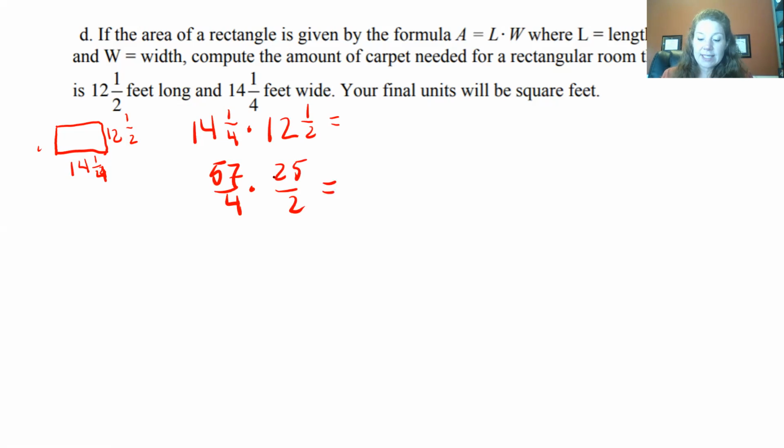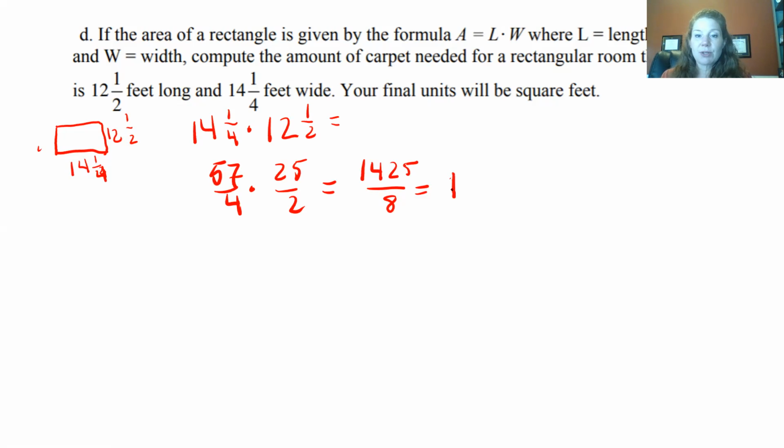So I'm going to multiply 57 times 25, and I get a big old number, 1,425 over 4 times 2 is 8. Now, how many times will 8 go into 1,425?